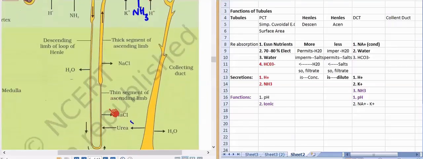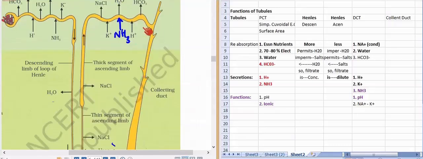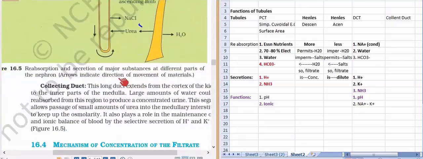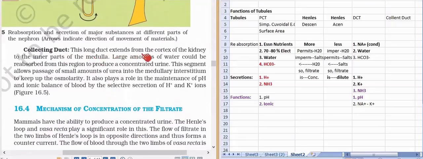Next, see collecting duct. After that, the collecting duct also releases some urea and some water. So collecting duct, where is it present? Cortex to the inner medulla.